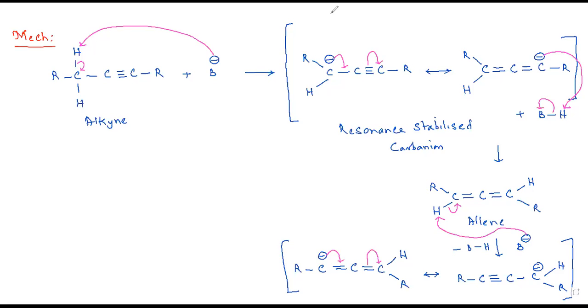Now from this BH again the same thing happens. Abstracted, and this will go towards the base. That's it. We will get this one. Compare the first one, what we have started with, and this one. You will come to know what has happened.